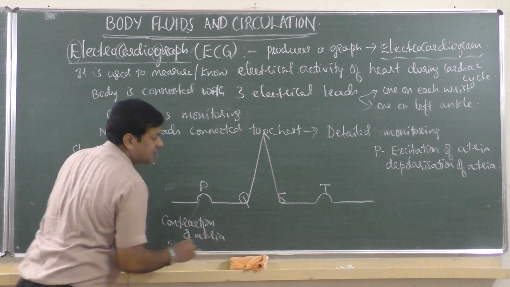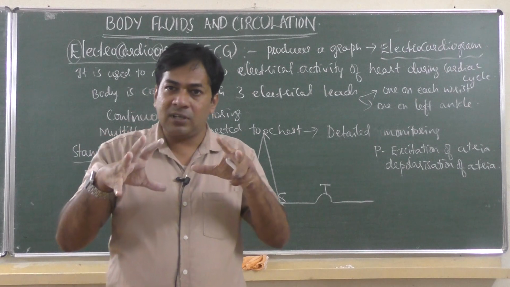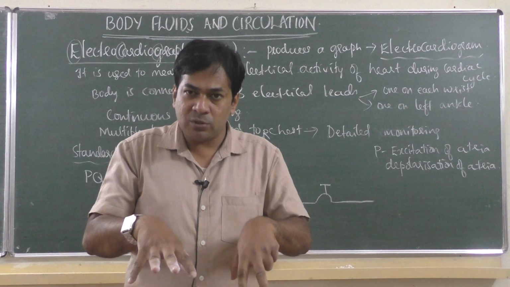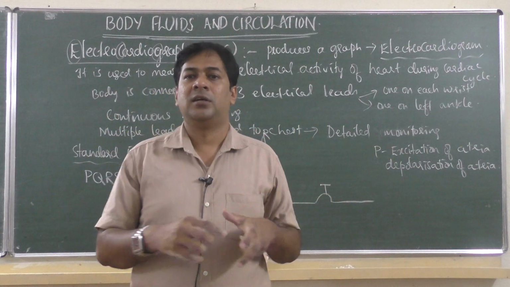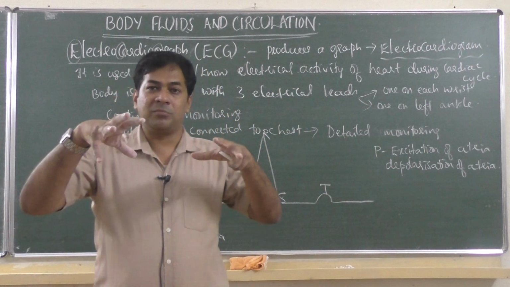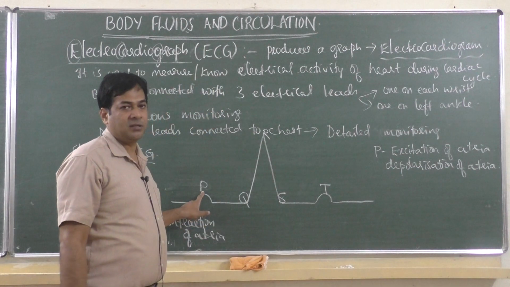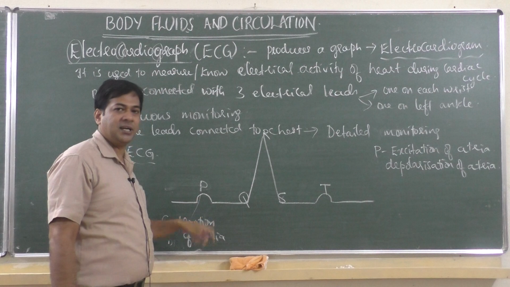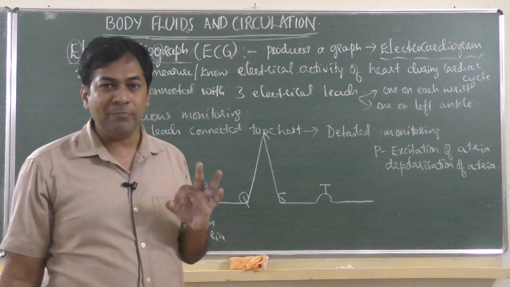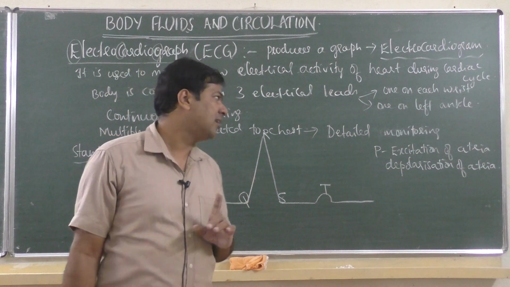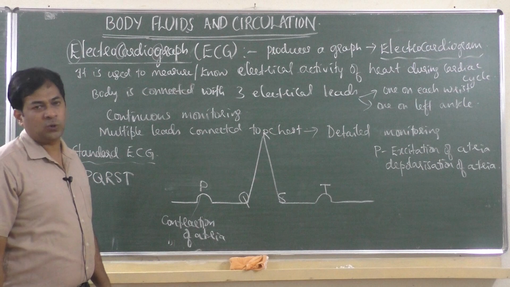Because of this contraction only, blood from the top 2 chambers goes to the lower 2 chambers, that is, blood from the auricle goes to the ventricle. At that time you can see this small peak, P, which indicates excitation of atria or depolarization of atria, or in other words, contraction of atria.